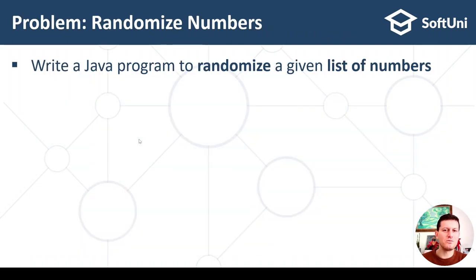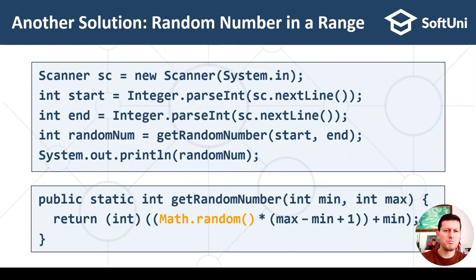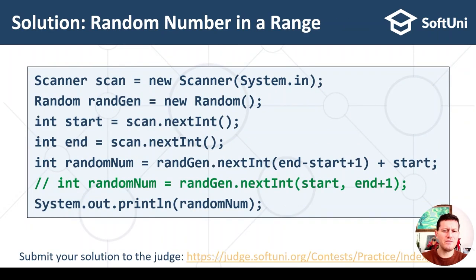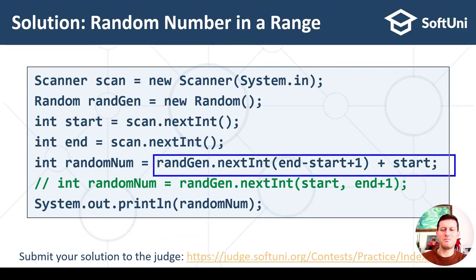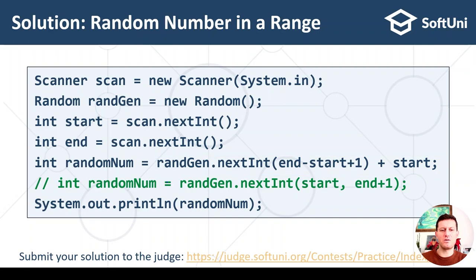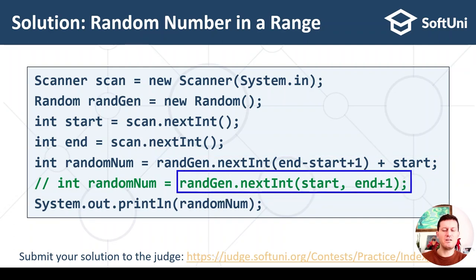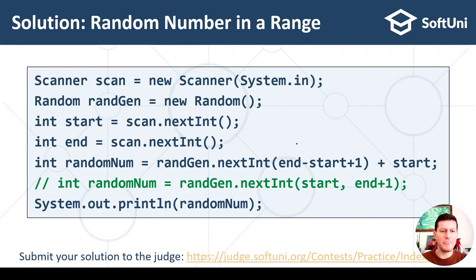Another way is to use this solution, for example, which I already created: end minus start plus 1, plus start. Or if you have a later version of Java, you can just put the range from start to end plus 1.